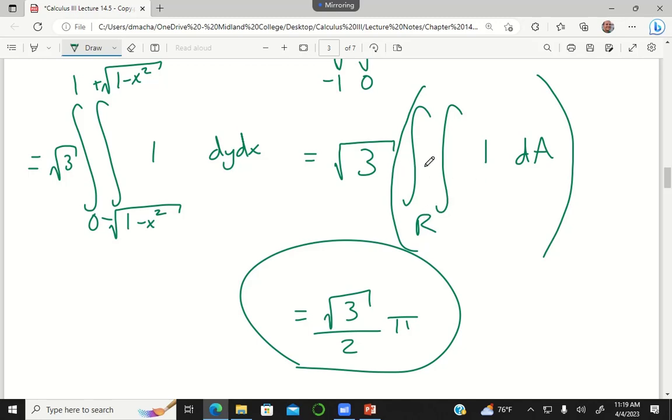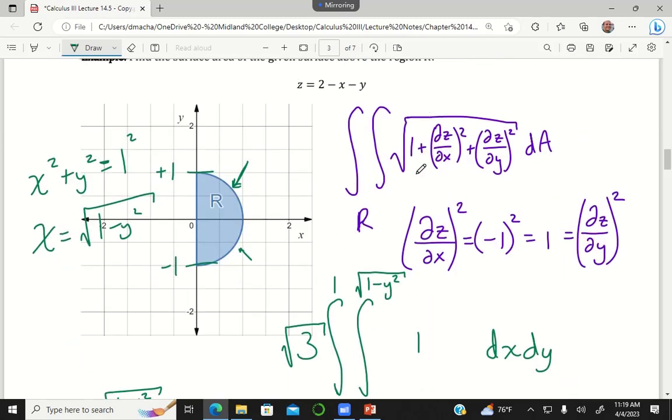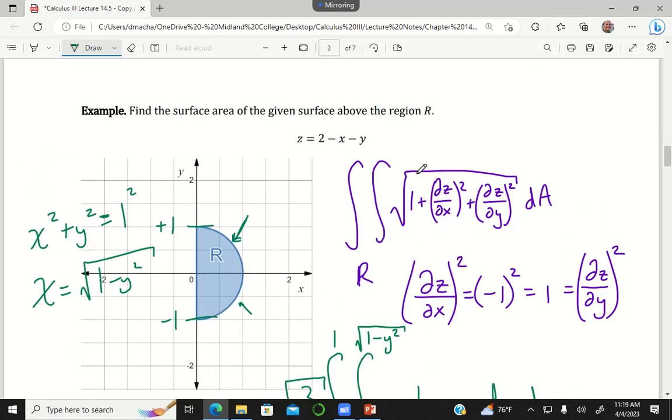Stephen, did you write this in polar coordinates? In polar, okay, the region has some radial symmetry. You could say the radius r could go from lower bound 0 to upper bound 1, and theta, my angle, could go from negative pi halves to positive pi halves, and that would sweep out the region.